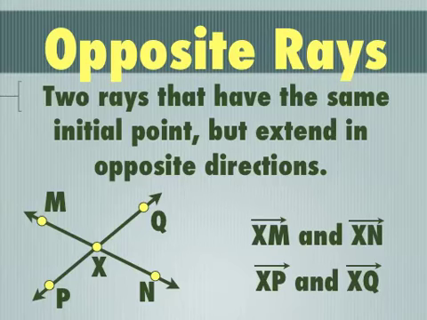My initial point is X, extending through M, and XN. If you notice, ray XM and XN put together would form a line. Those are opposite rays. Then my other set of opposite rays would be XP and XQ. Again, both initial points are X. XP and XQ, the rays, would come together to form a straight line.